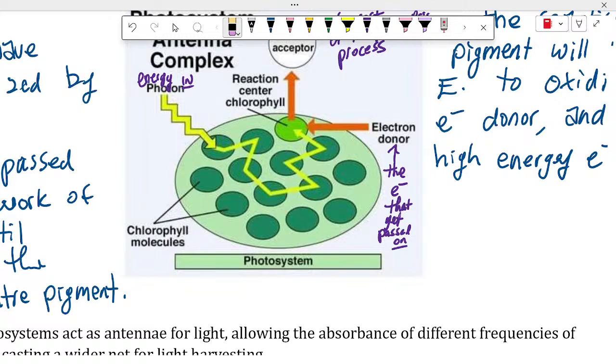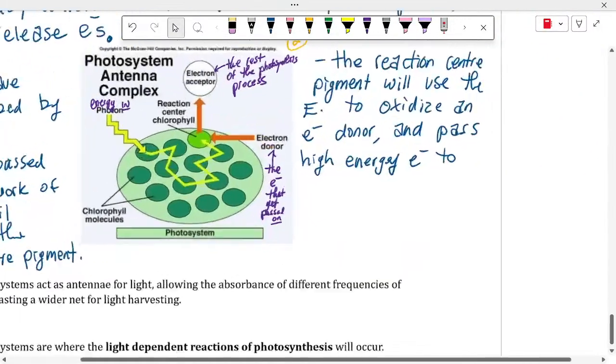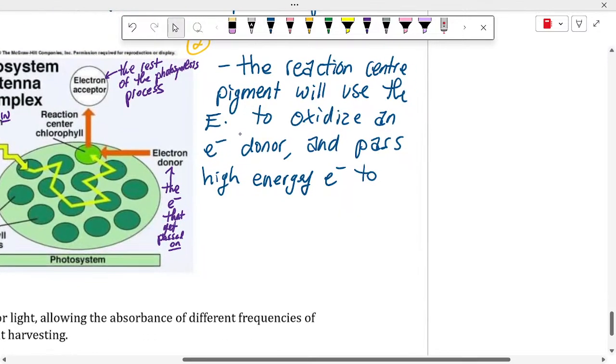The ones that come in can do work. They're dangerous. The ones that go out, not as dangerous. Still dangerous. They can still do stuff. But anyway, different discussion. So the reaction center pigment will use the energy to oxidize an electron donor and pass high energy electrons to the rest of the photosynthetic process.